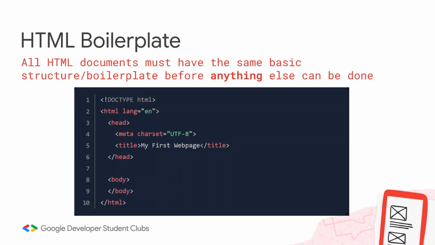The head tag is where you add other attributes to your HTML, which we'll go into later. Line 4 helps with displaying text from other languages. It's not that important, but make sure you have it. The title is important though. If you add a title, it changes what your tab says.